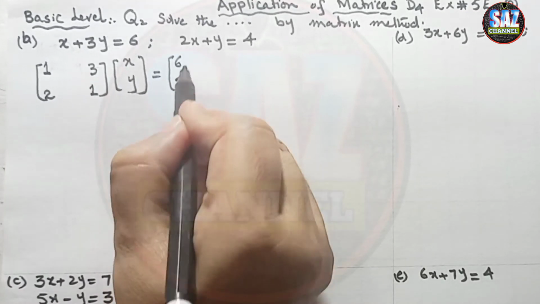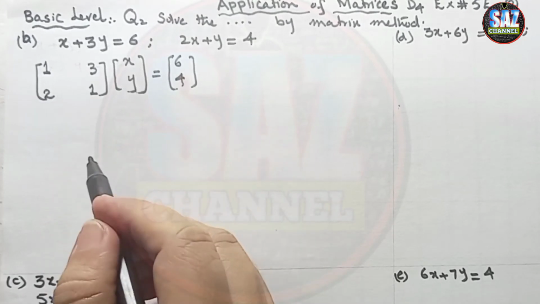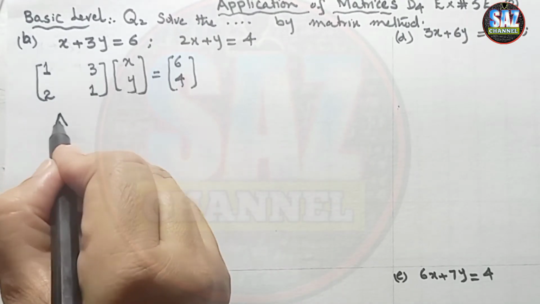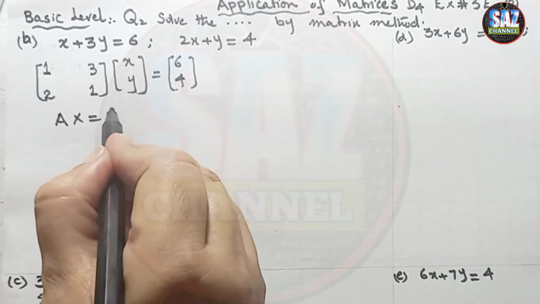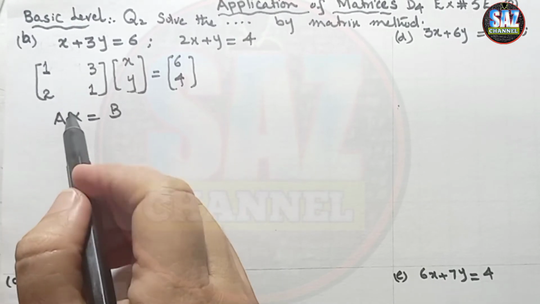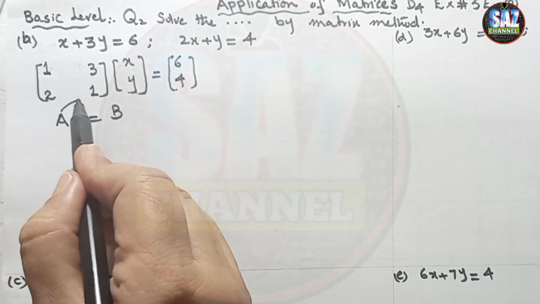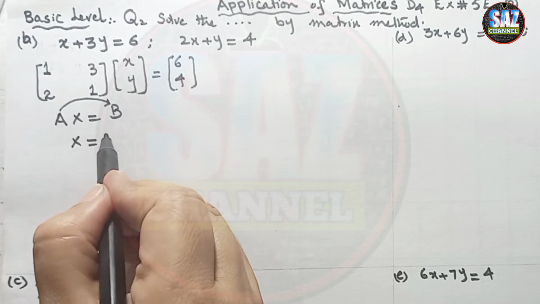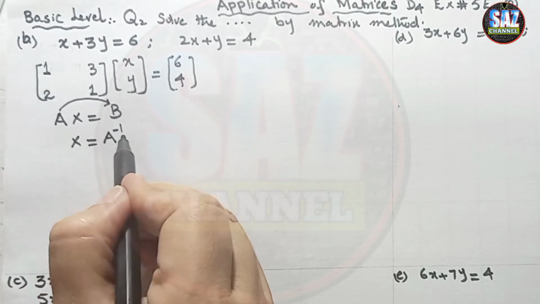Now let me associate some names with these matrices: this is A, x equals B. In order to find the value of x, I have to shift this A to the other side, and the equation will take the form x equals A inverse B.